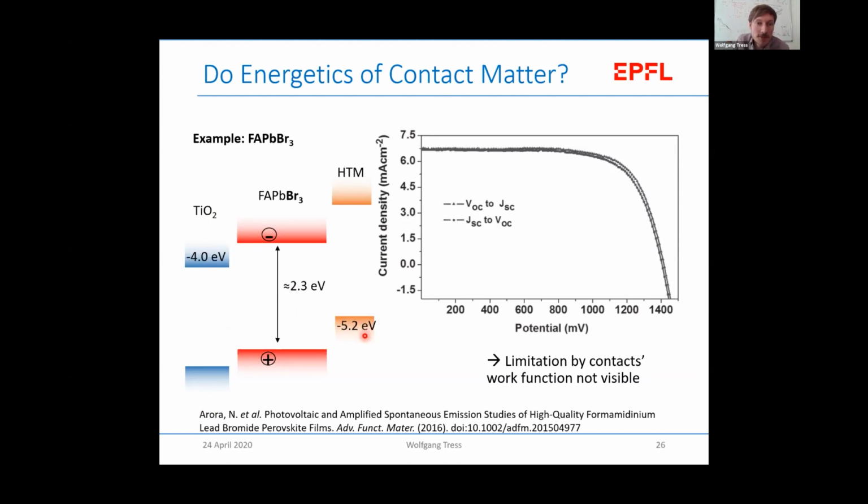And from the discussions we had so far, this would be a little bit too simple, because we were saying that the open circuit voltage is defined by recombination. And recombination, at least at first glance, doesn't necessarily have to do with these levels.